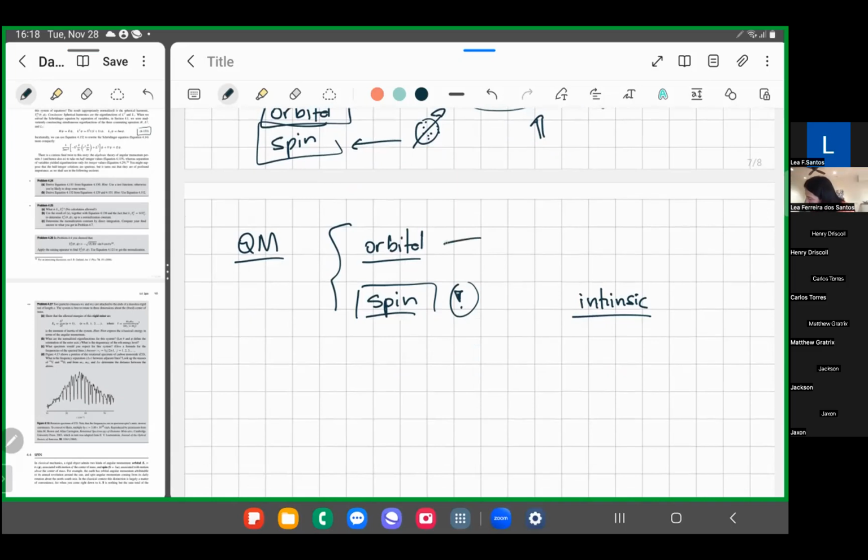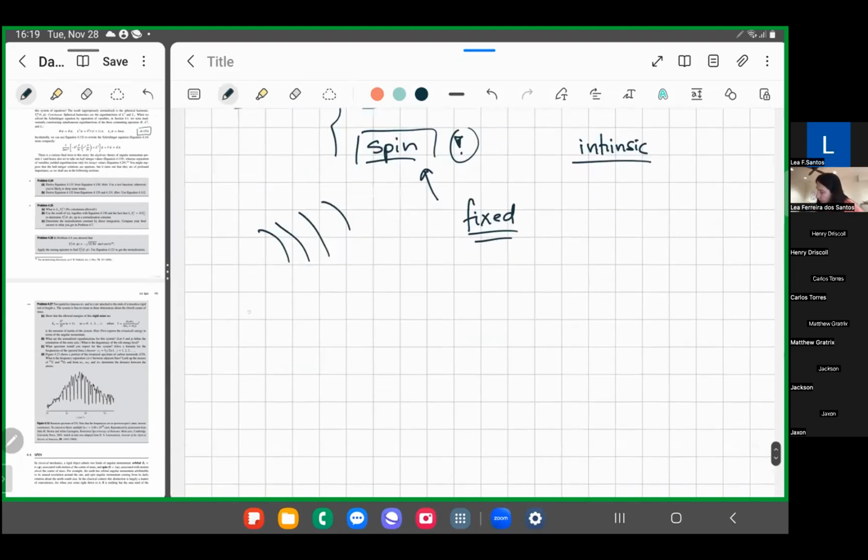So the angular momentum, the L, can change, depending on whether my electron is more or less excited. The orbital angular momentum can change. The spin is fixed. Each particle has its own spin and it's not going to change. What are some examples? Well, if I think about electrons, protons, neutrons, quarks, leptons.